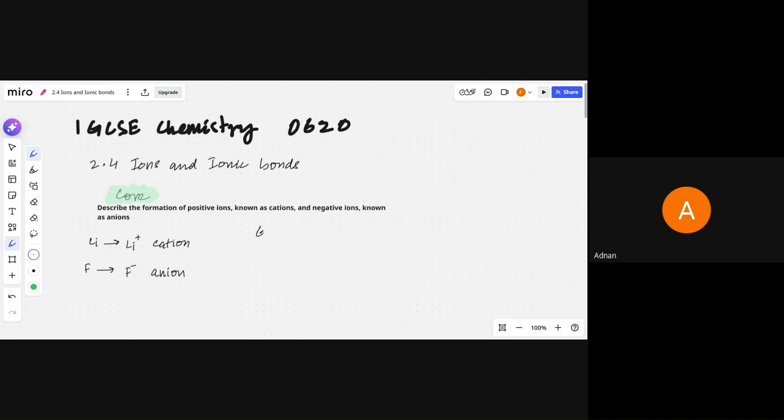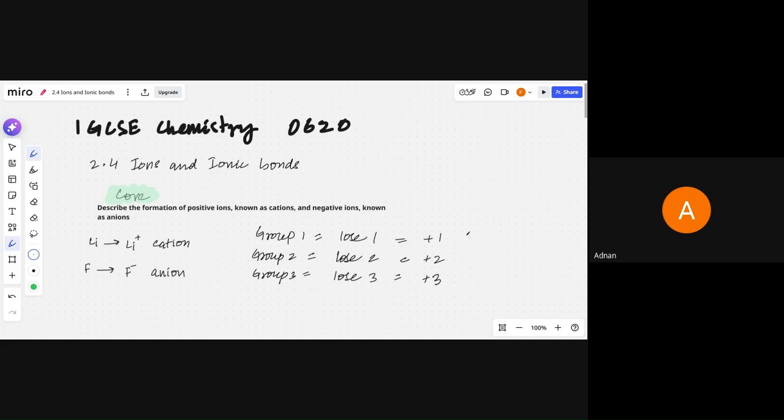Basically, group 1 elements will lose one electron and have a +1 charge. Group 2 will lose 2 electrons and have a charge of +2. And group 3 will lose 3 electrons and have a charge of +3.